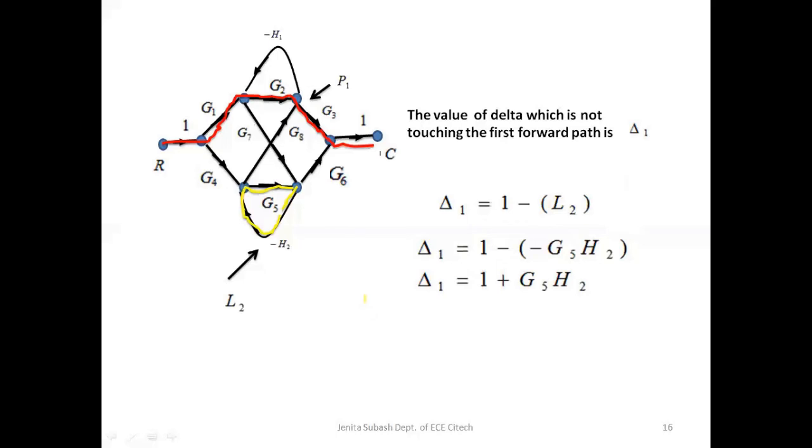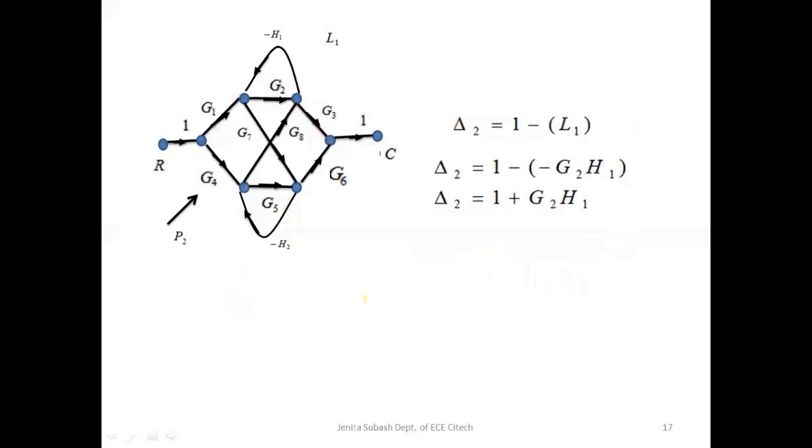Now let's calculate delta 2. Delta 2 is the value of delta which is not touching the second forward path. I have highlighted the second forward path with branch gains G4, G5, G6.